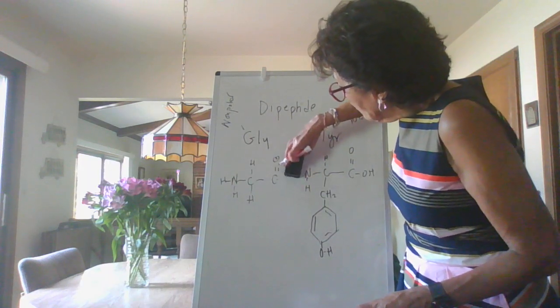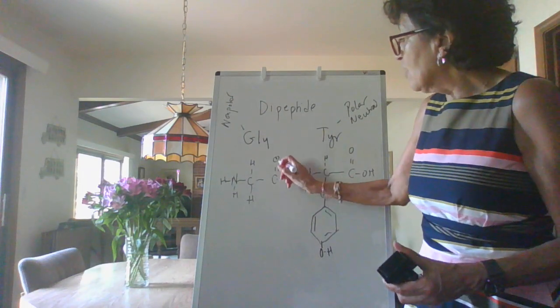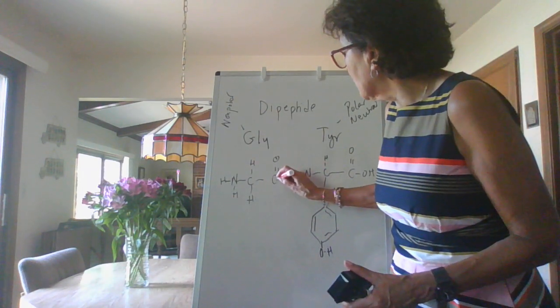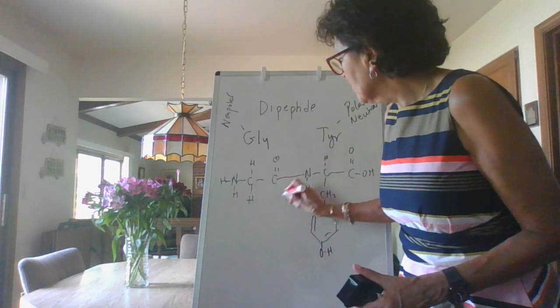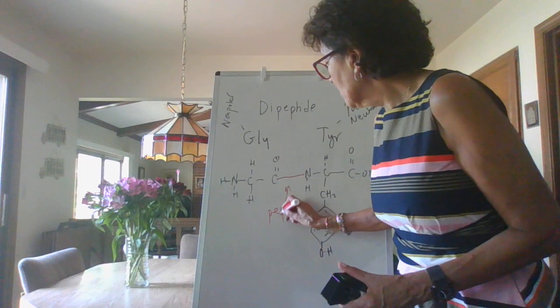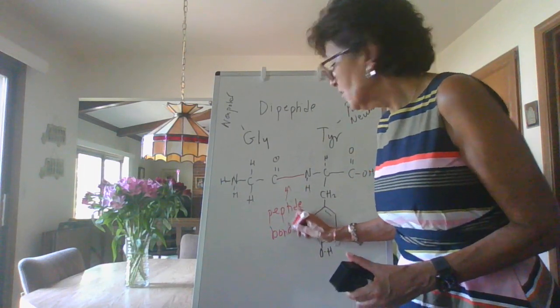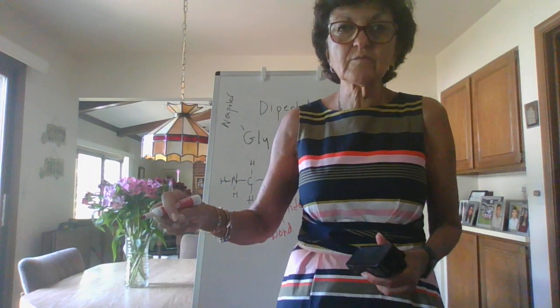So now you can see, remember we said nitrogen likes to have 3 bonds, carbon needs 4 bonds. Here's 1, 2, 3, needs 1 more bond. So these guys bond together. So this is a peptide bond.